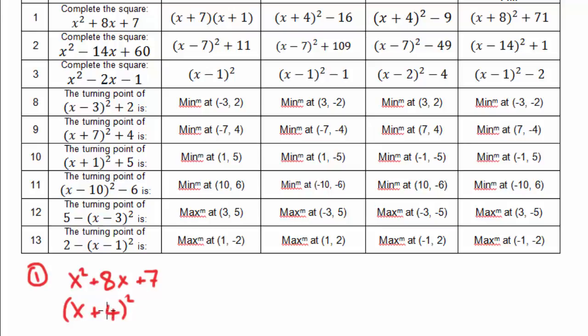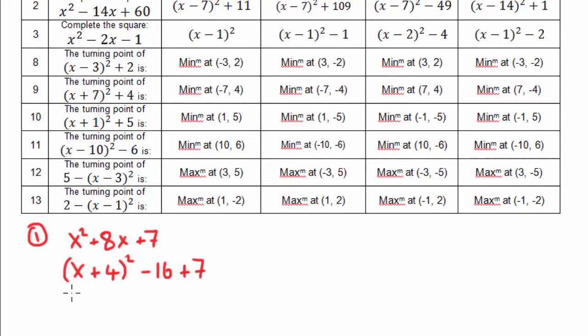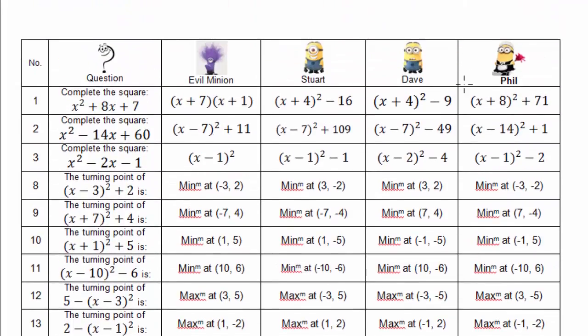Now, when we expand these brackets, we're going to introduce a 16, so we have to subtract 16 to keep it the way it was. And plus 7, and let's scroll down a wee bit, that's going to come to minus 9. So if we have a wee look up here, that is that one there.